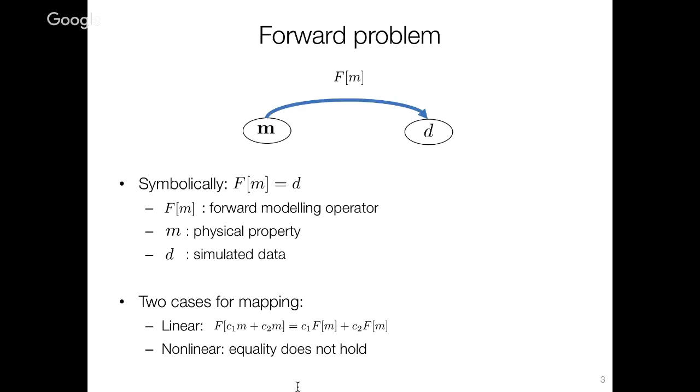Linearity holds. In a nonlinear problem, that equality just does not hold. So in one case, the forward simulation from model 1 and the forward simulation from model 2 is the same as the forward simulation of model 1 plus model 2.